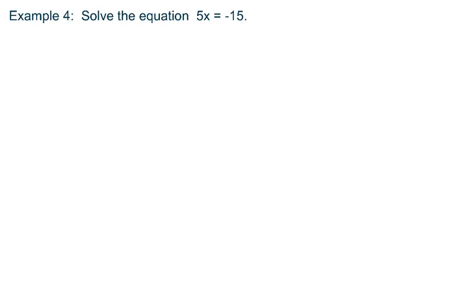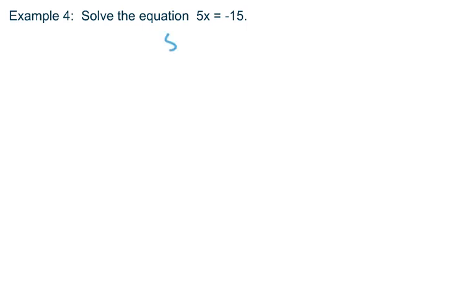What if I had 5x equal negative 15? Now going back to a previous video, when the 5 is written next to an x, the understood operation is multiplication. On the same line of what we've done in the other equations, the opposite operation of multiplication is division.